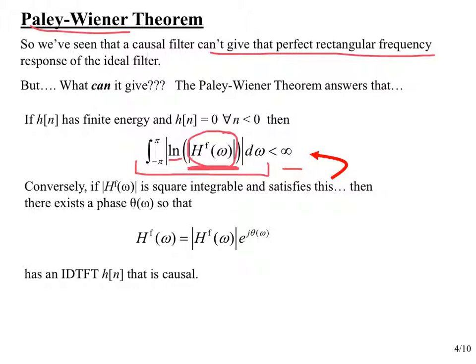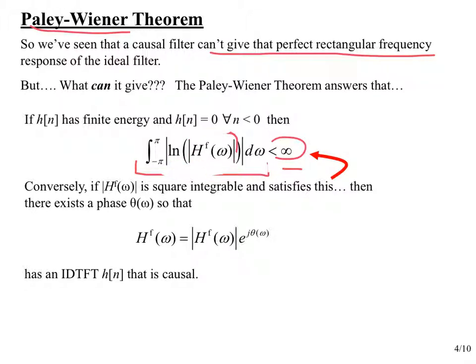So basically this is saying that if this h of omega goes to 0 over even just a very tiny interval of omega, we'll be integrating infinity over some non-infinitesimal interval, and the area underneath the curve will exceed infinity, and this will not be satisfied.